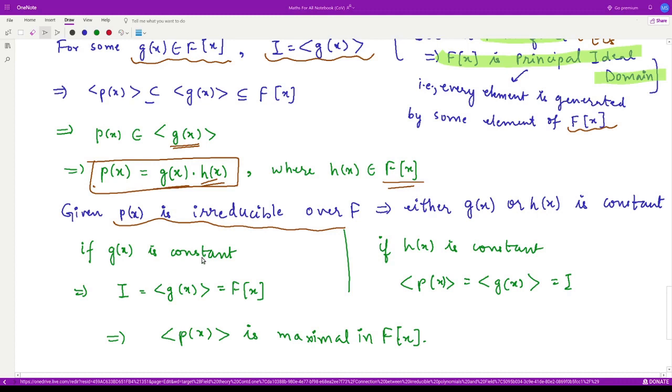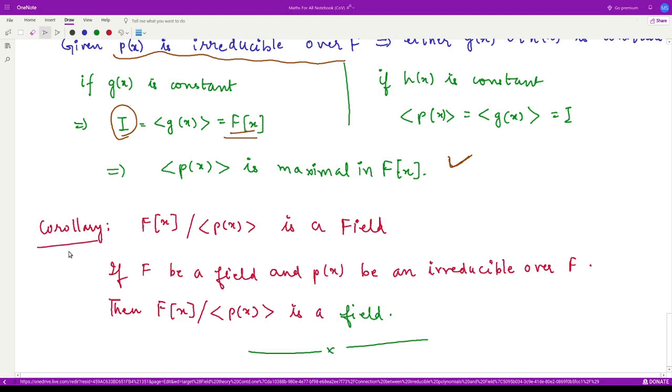If g(x) is constant, that means the ideal generated by g(x) is equivalent to F[x]. If h(x) is constant, then the degree of this polynomial is equal to the degree of this polynomial, so the ideal generated by p(x) is equivalent to the ideal generated by g(x). So this implies that the given ideal is a maximal ideal in F[x], right?